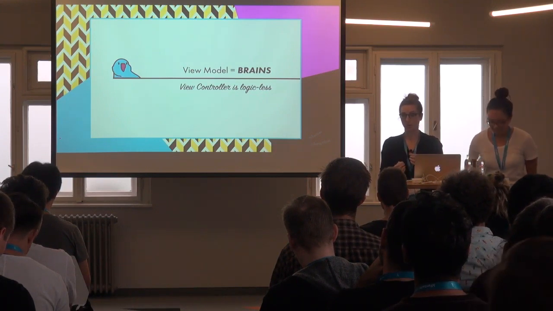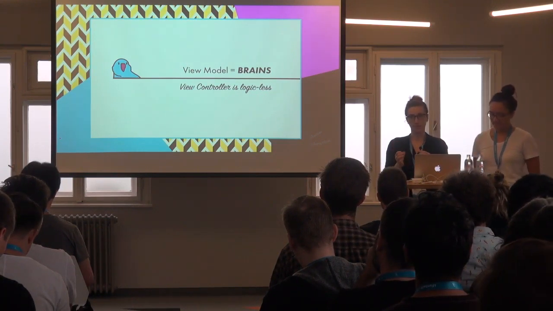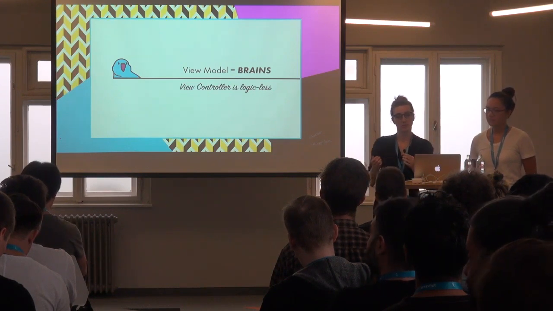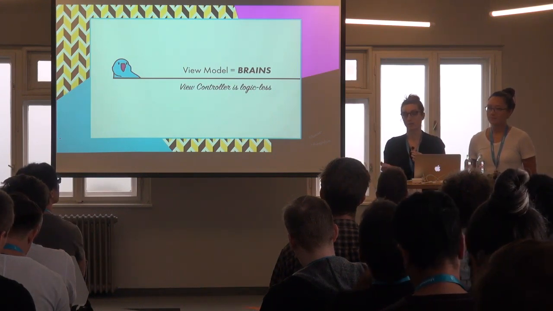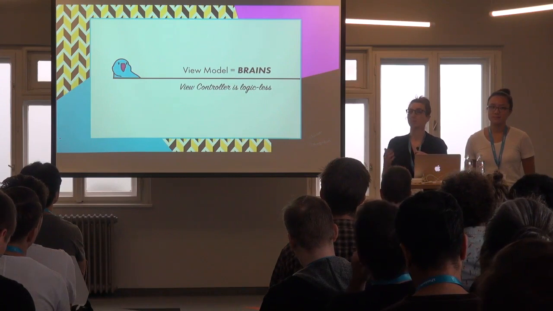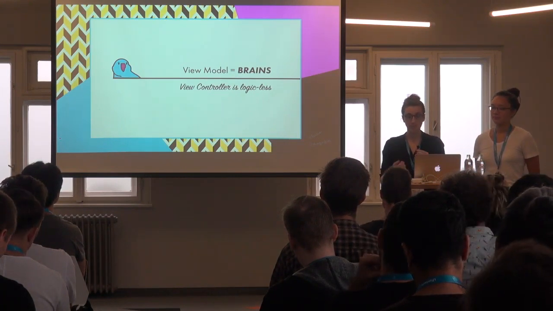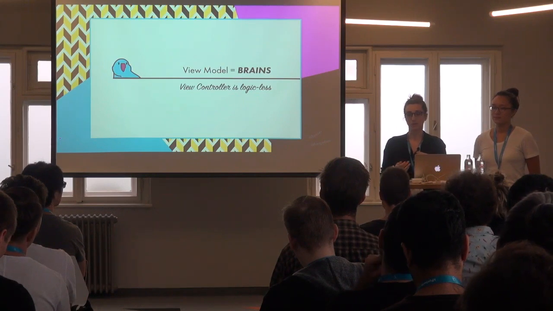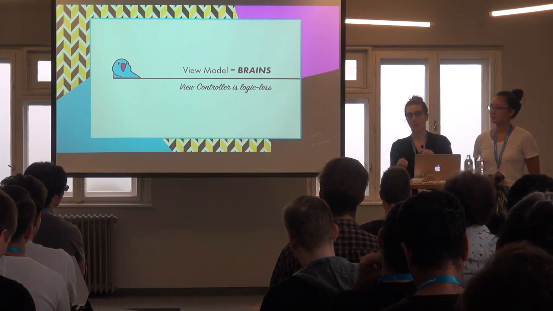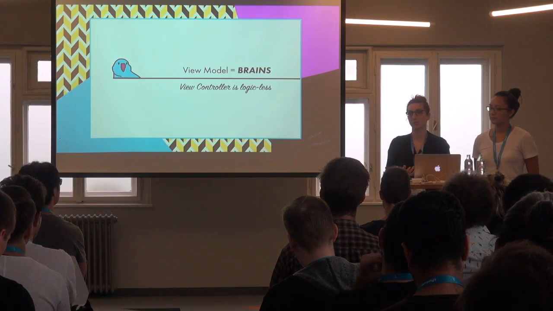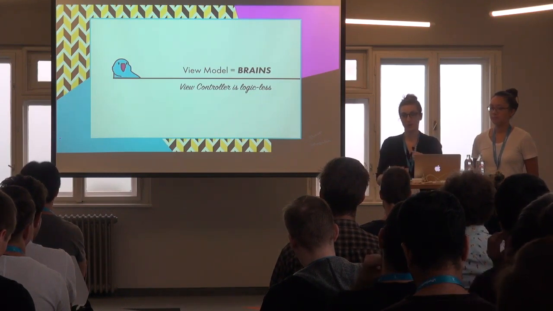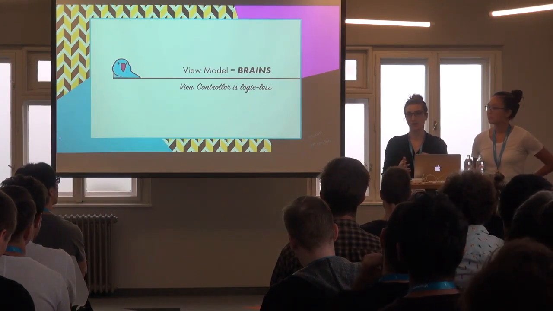The view controller simply sends data to the view model and blindly takes data that's emitted by the view model. The view model then takes all the inputs that it receives and figures out what to do with that data.